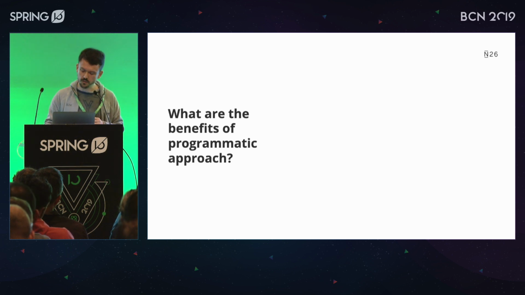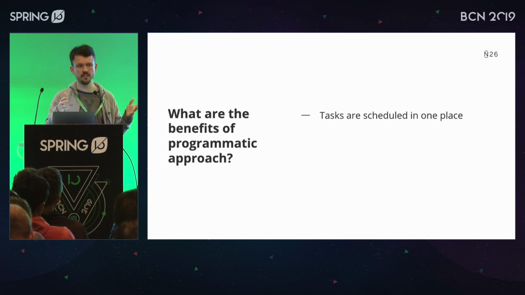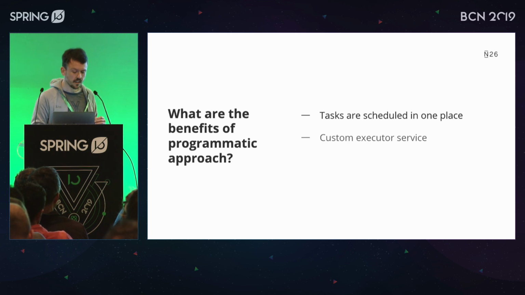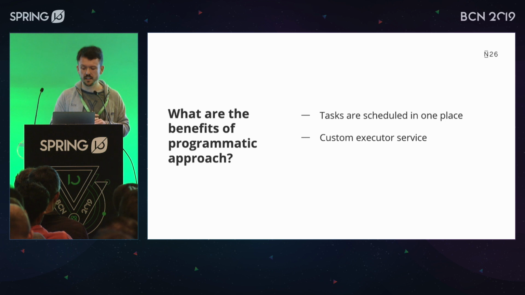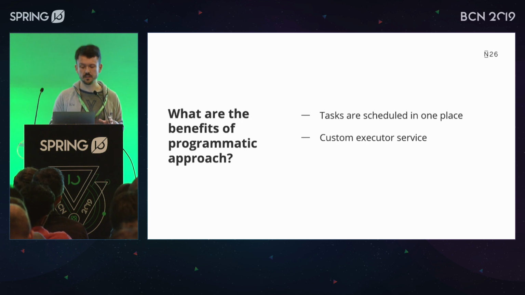Okay, having that, we can move on and see what are the benefits of this approach. First, we already saw tasks are now scheduled in one place. We have one class, everything is inside. A new person comes and sees clearly, these are the tasks that we have. It's pretty easy to understand what's happening in the background. The additional benefit is a custom executor service. This was not discussed in the first approach because there is no way to handle that.